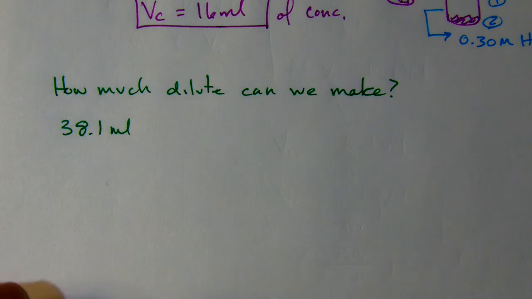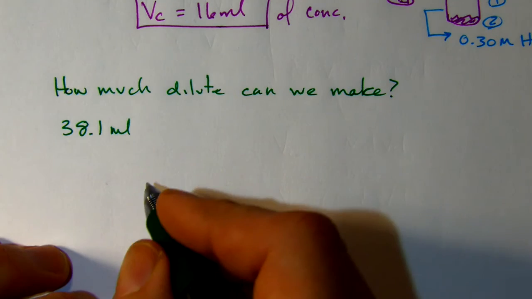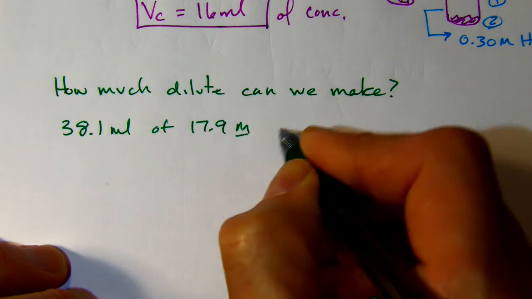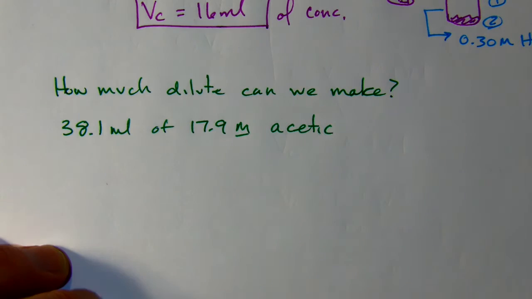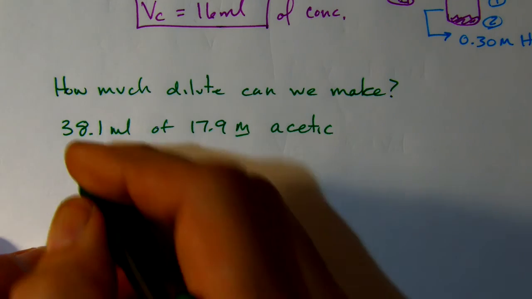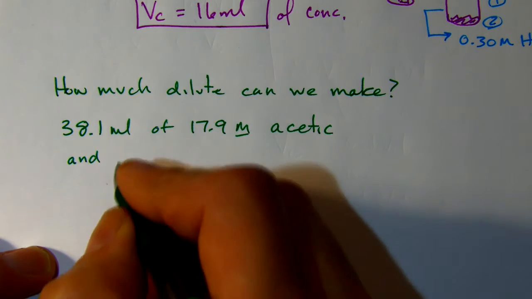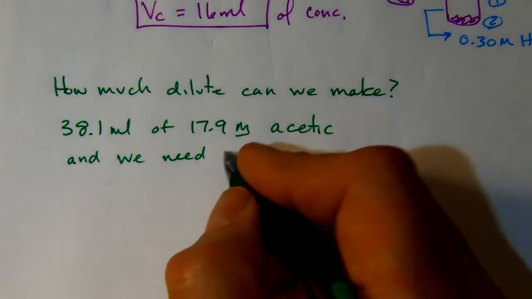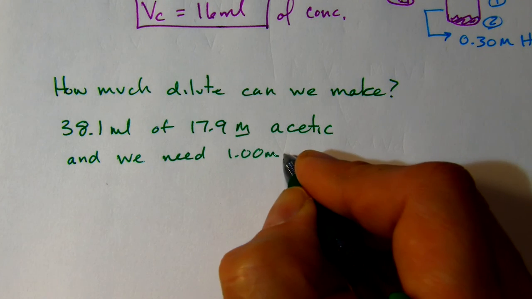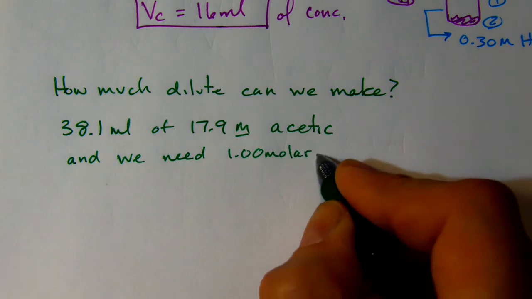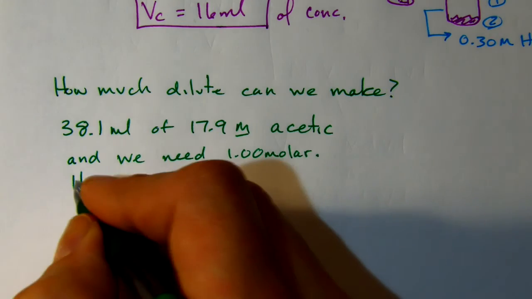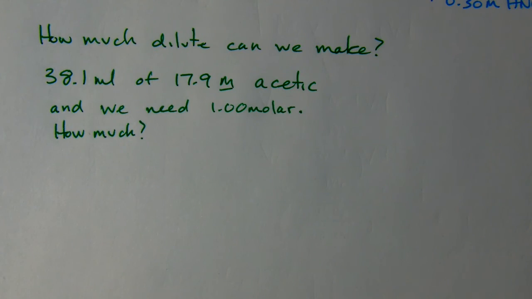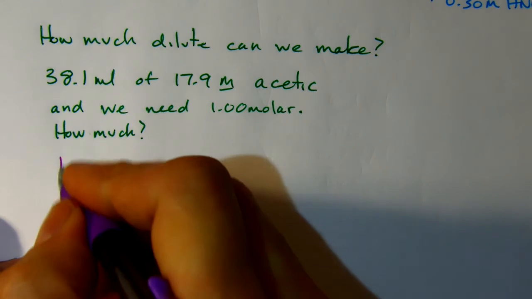We'll just go back to acetic acid, 17.9 molar acetic. Very strong stuff. And let's just say we need 1 molar. How much can we make? Bad grammar, but I'm not worried about it. Okay, so here's the idea. Let's do it again.